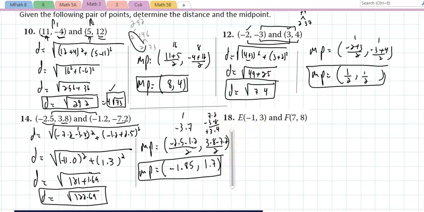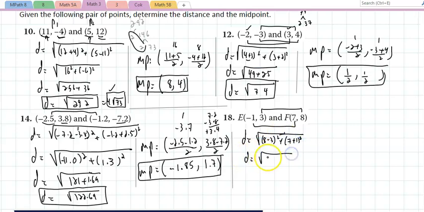And on the last problem, if I want to find the distance, that's also the square root of (8 minus 3) plus (7 minus a negative 1) squared. Distance would be the square root of 5 squared, which is 25, plus 8 squared, which is 64. Distance would be the square root of 89.